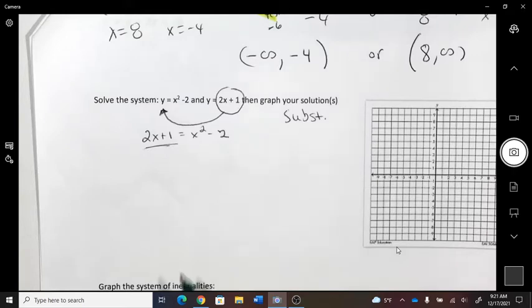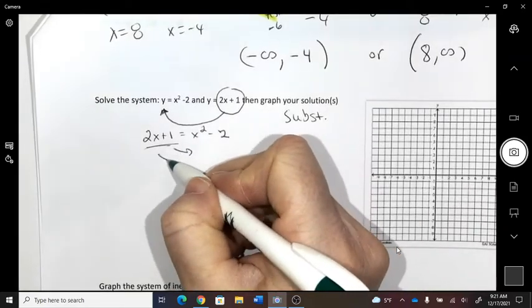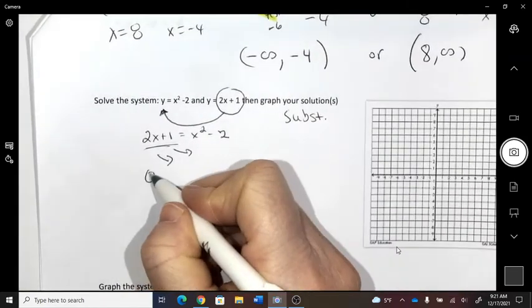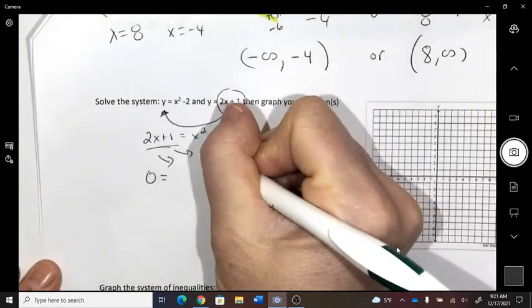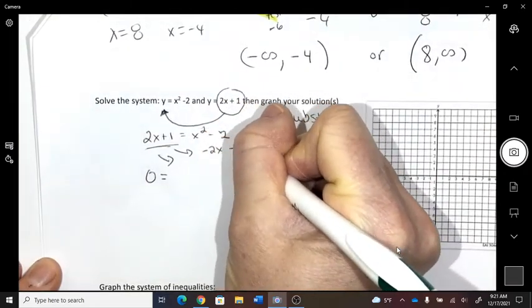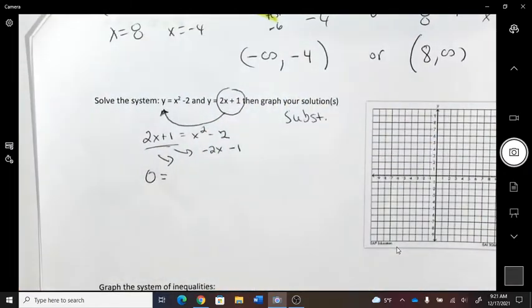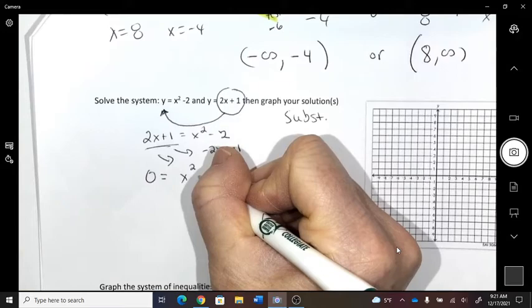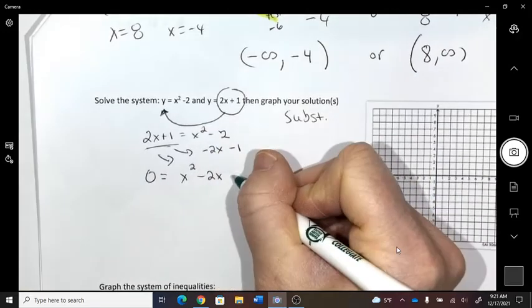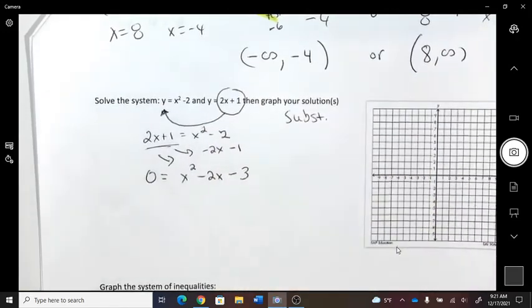X squared is the boss. Okay, so I'm going to have an x squared, a minus 2x and a minus 3.